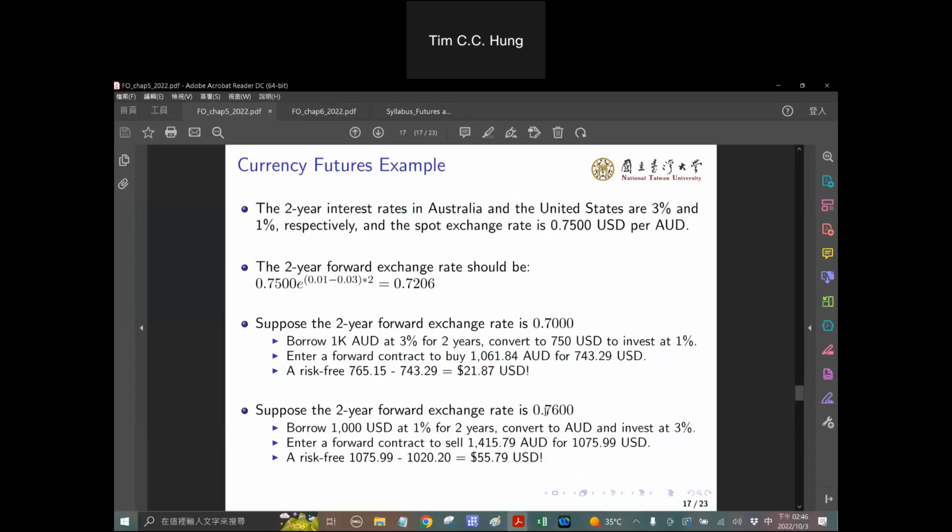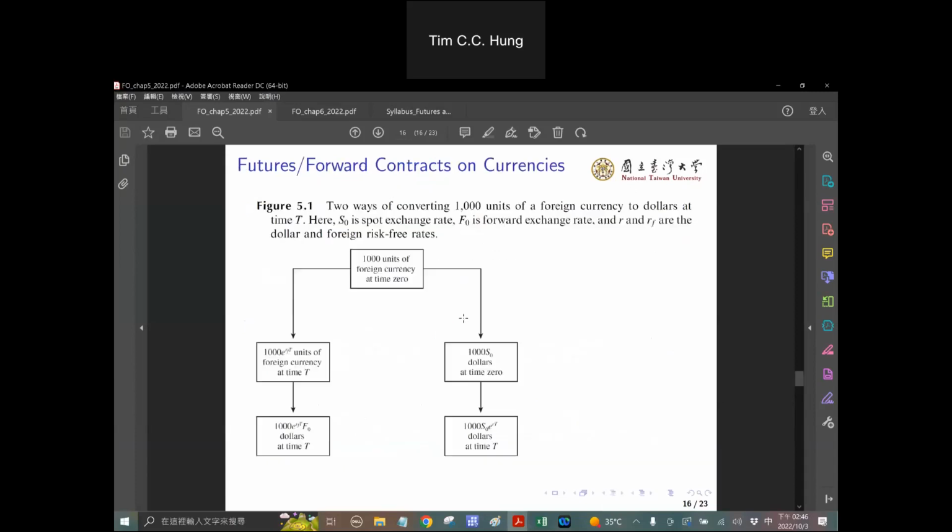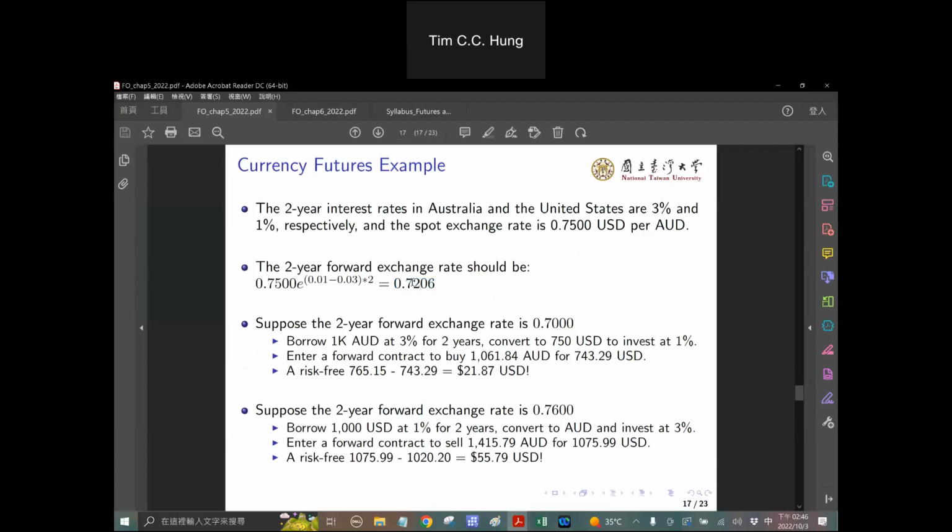If you hear it clearly, I always begin by making sure what direction we want to take in the forward contract. That's the first part. We know that the fair, optimal or theoretical forward rate should be 0.72. We see it's 0.70 over here.